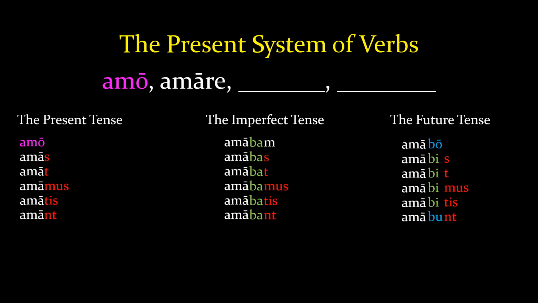And here's what our present system of verbs looks like. Notice that the 1PP, the first principal part, is only used for the first person singular in the present tense. I love, I am loving, I do love.